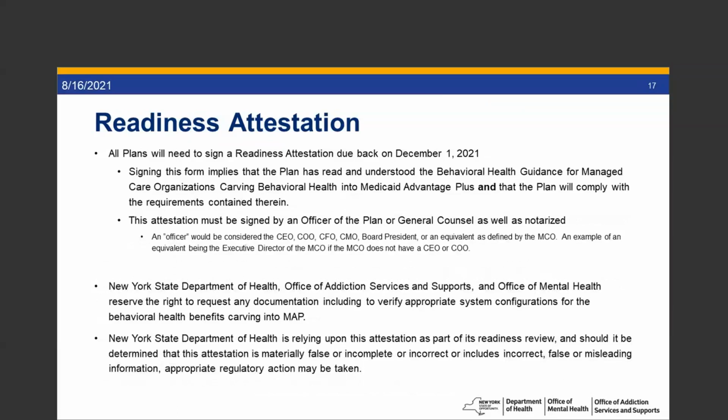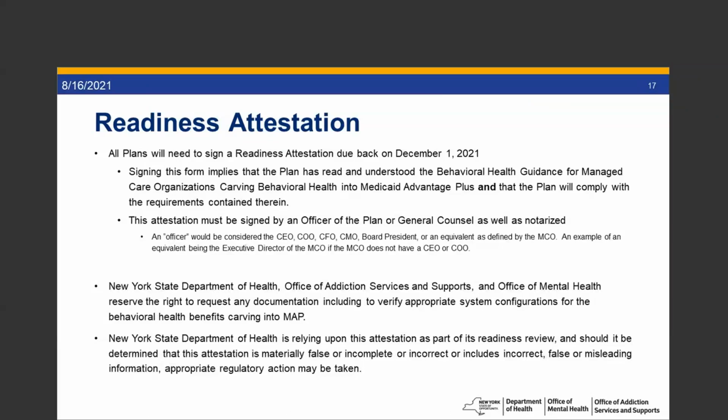All right, and the final slide here is that along with the requirements document as well as the readiness review, we also sent out the attestation, and the plans will be expected to complete that attestation and return it by December 1.